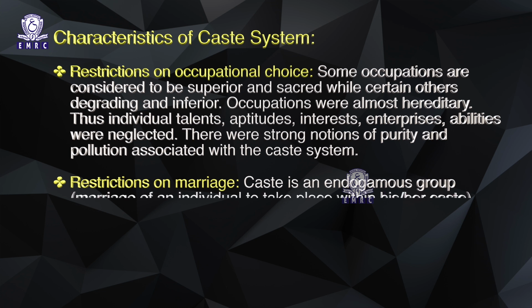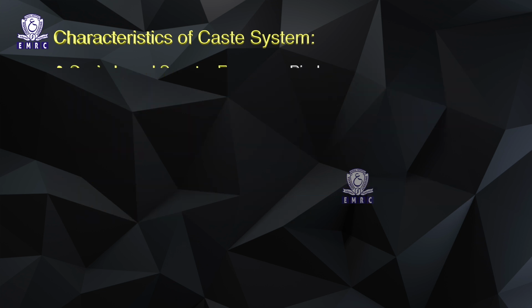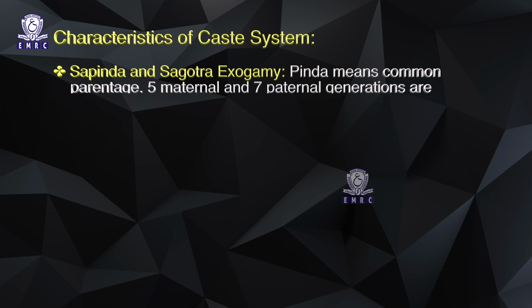Restrictions on marriage. We all know that caste is an endogamous group, that is, marriage of an individual to take place within his or her own caste. Intercaste marriages are prohibited. I would say it were prohibited. But when we talk about marriages, Sapinda and Sagotra exogamy were also followed.